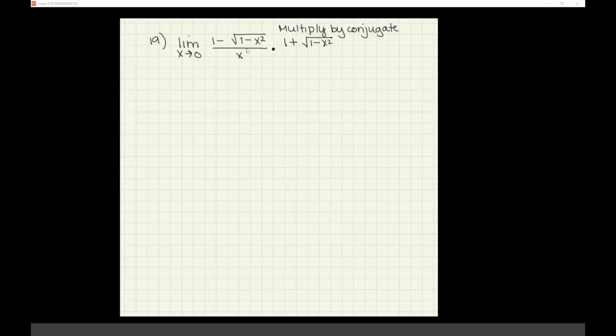But since this is a fraction, I'm not allowed to just multiply the numerator. I need to multiply the denominator by the same thing. So this is just a fancy form of 1, right? Because the numerator and denominator match. Everybody okay so far?